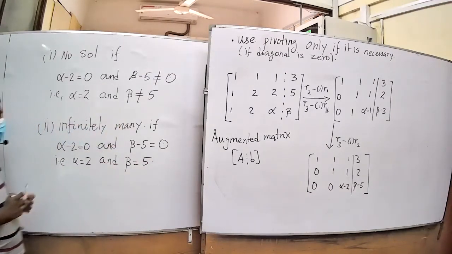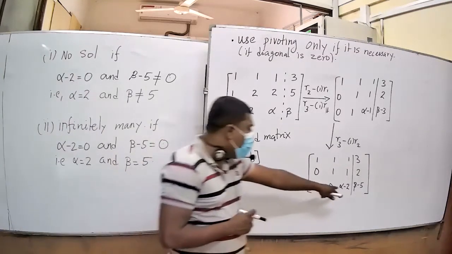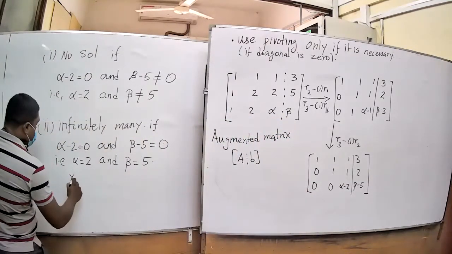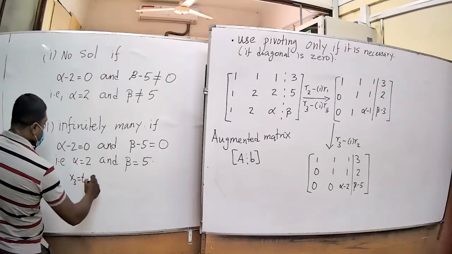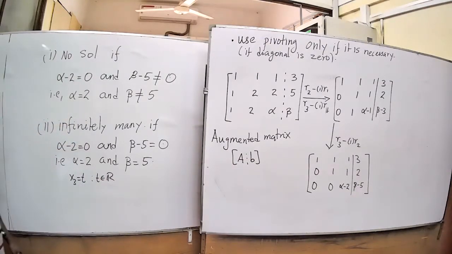Right? So now in the infinitely many solution case, you have to write down the solution. If you put alpha equal to 2 and beta equal to 5 here, you get 0, 0. So you can set x3 as t, where t belongs to the real numbers. I already told you how to write the solution.